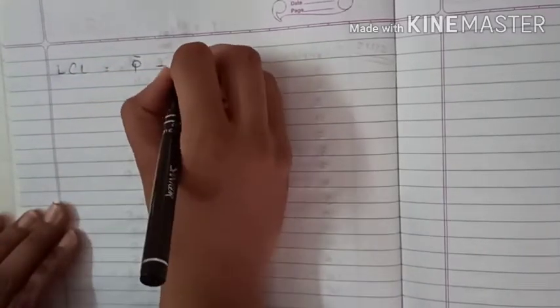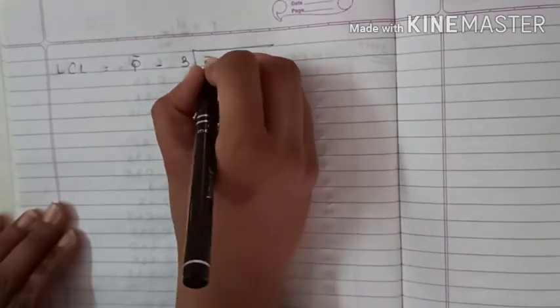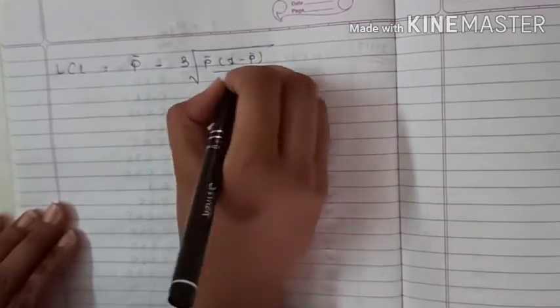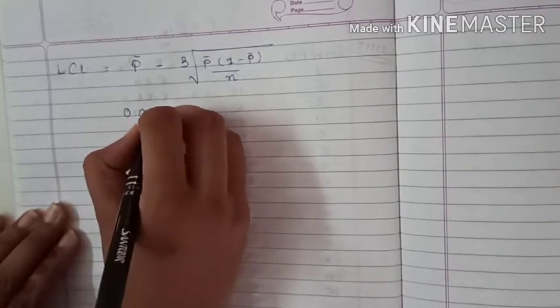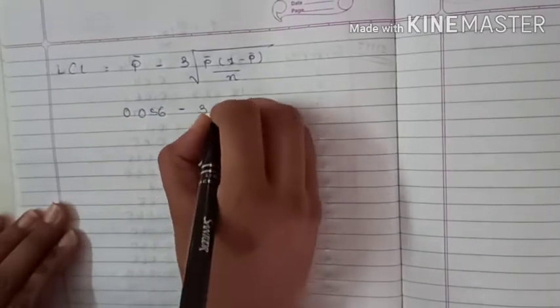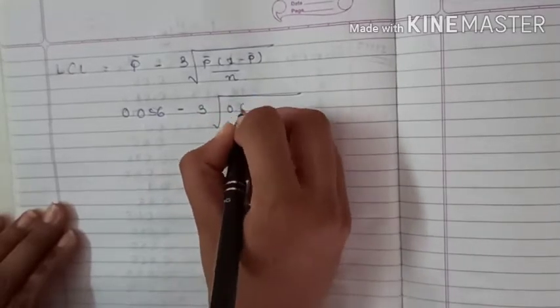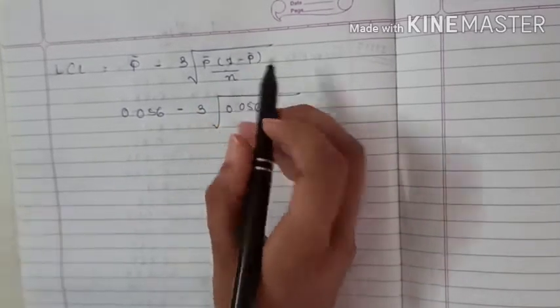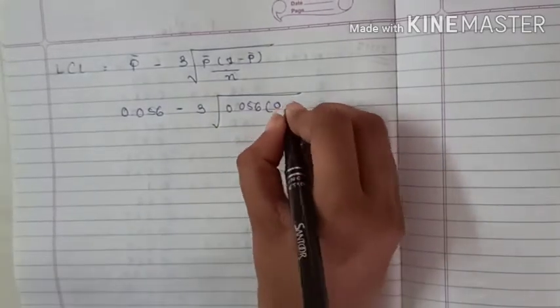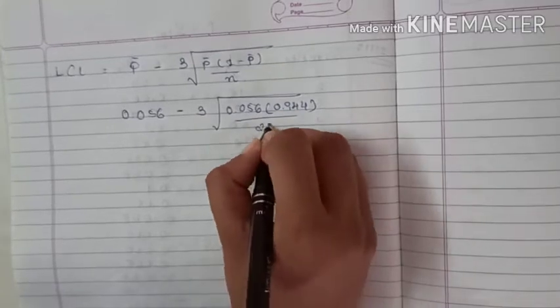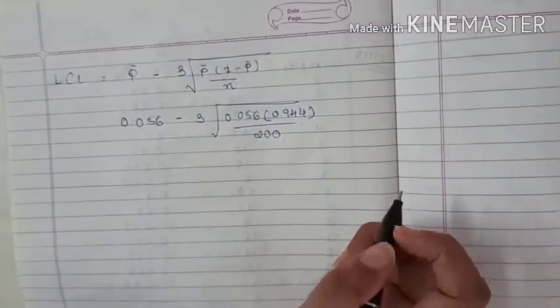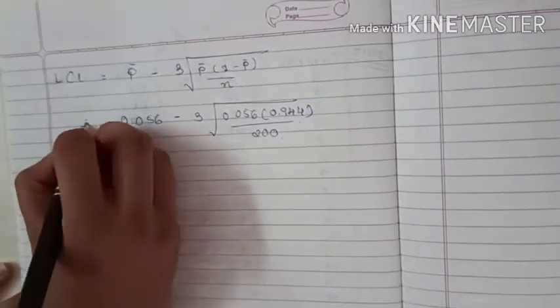Now, the lower control limit: P bar minus 3 under root P bar into 1 minus P bar upon n. So P bar is 0.056 minus 3 under root of 0.056 into 0.944 upon n, and n is equal to 200. Right? Let's solve this.